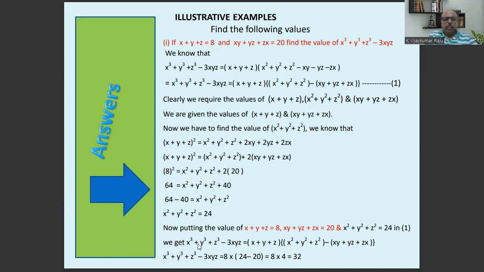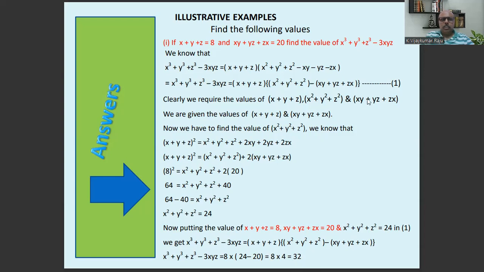So x + y + z is 8 into 24 − 20. 24 − 20 is 4. That means 8 × 4 is 32. The value of the expression x³ + y³ + z³ − 3xyz is 32.